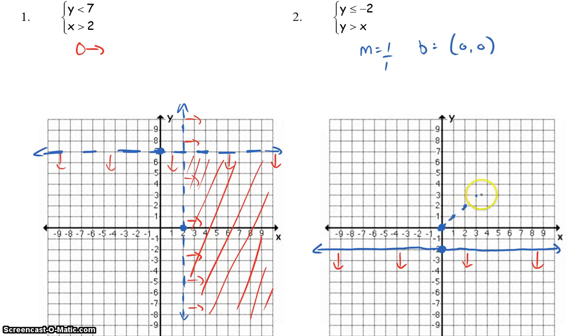This is a dashed line. I will graph all the way through my coordinate plane to make sure I don't miss any overlap sections. Put my arrows on there. And this is a greater than. So this one is shaded above.